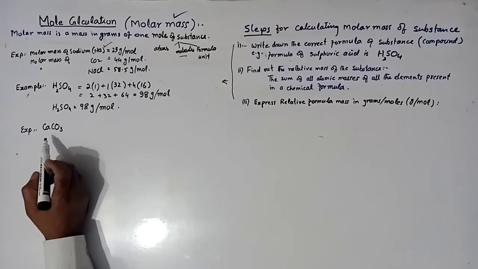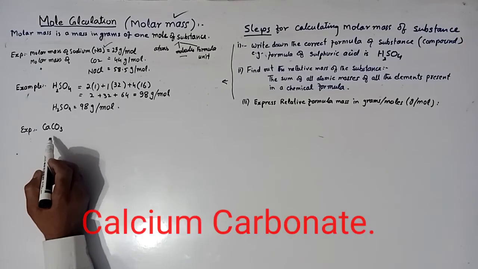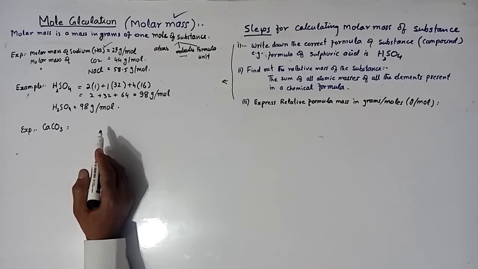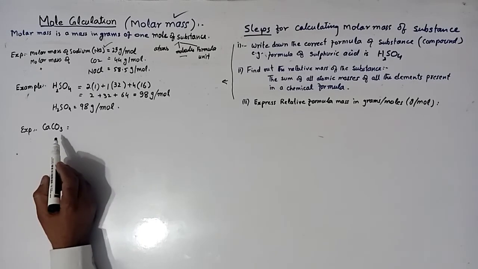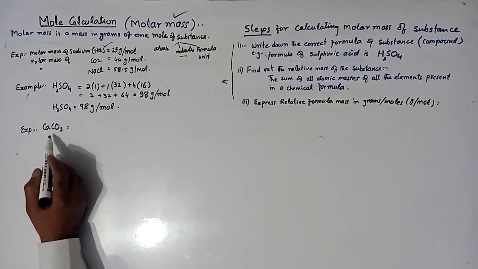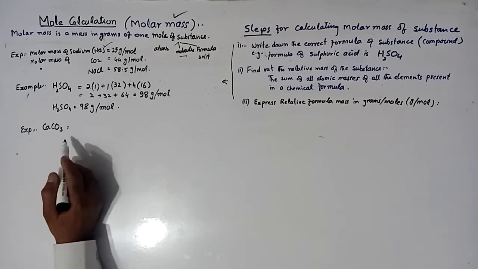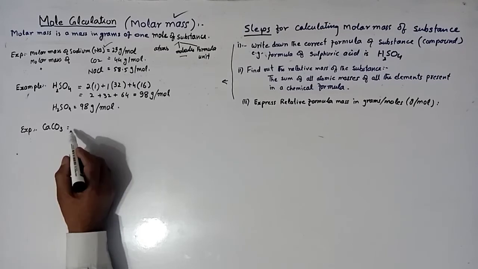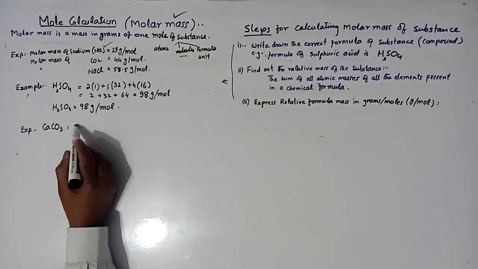Take the example of calcium carbonate, CaCO3. So what will be the molar mass of calcium carbonate? Now use the first step. The first step is to write the correct chemical formula of calcium carbonate. Second step is to find out the relative mass of these atoms. So calcium, we have only one calcium, so write 1 in bracket.